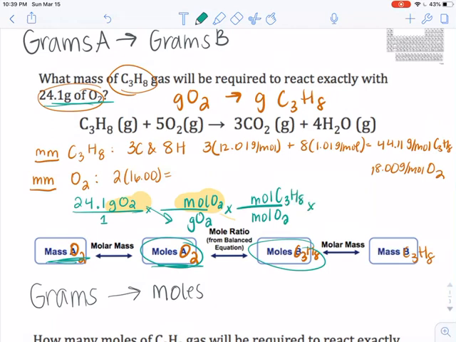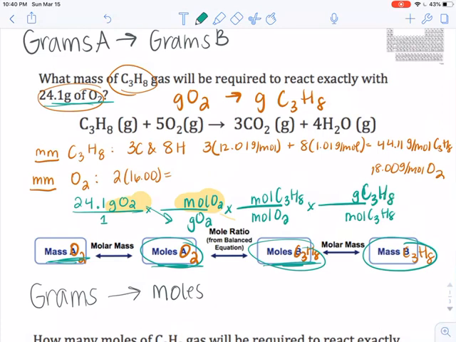Put moles of C3H8 on the bottom. I want to go from moles of C3H8 to mass of C3H8, so I'm going to put that on the top, grams of C3H8.